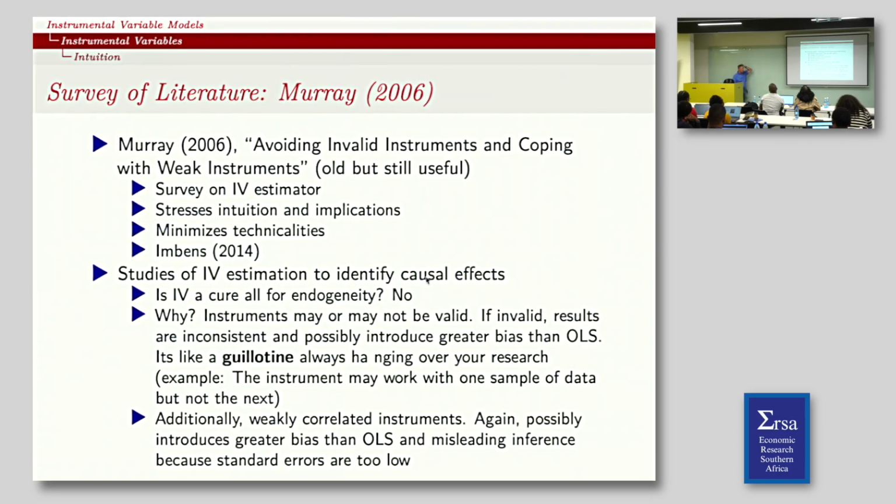There's a paper now that's almost 20 years old by Murray, Avoiding Invalid Instruments and Coping with Weak Instruments. That's a really nice survey on IV estimators. And what it basically tells us is some of the things I'm talking about. We have to try to be intuitive when we talk about instruments, right?